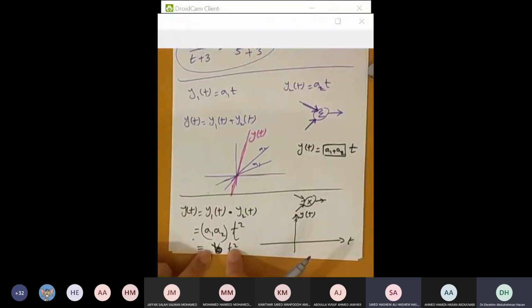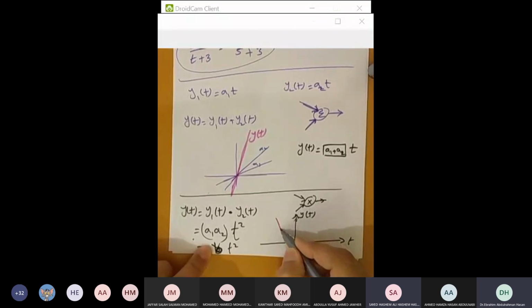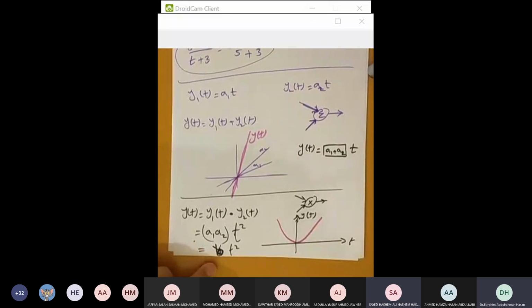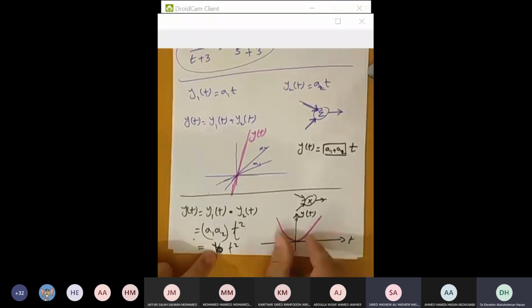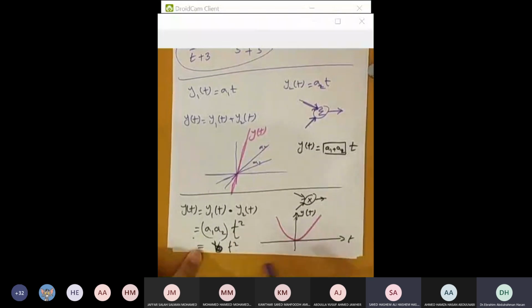Okay, I will get a parabola. This is the parabola that I get. It depends, and we will explain it later of course. Let's assume both are positive, but again, it could be very wide or it could be narrow, depending on the values of a1 and a2.